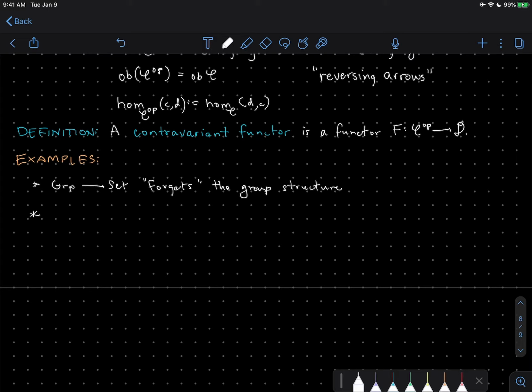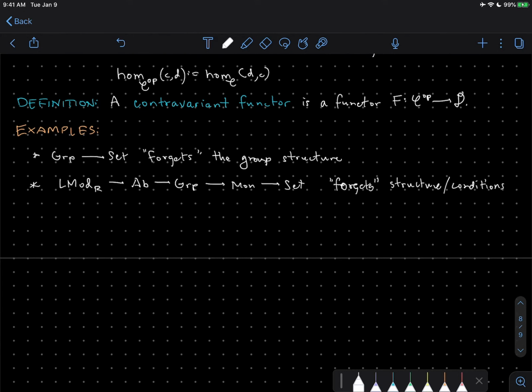For instance, we could have L mod over a ring to abelian groups to group to monoid to set. So each functor forgets some structure or conditions. Okay.